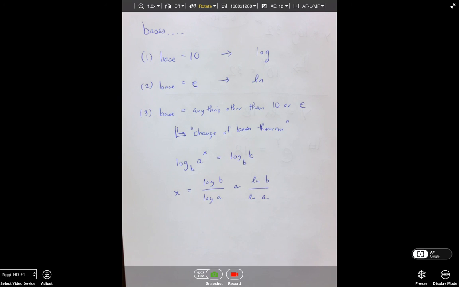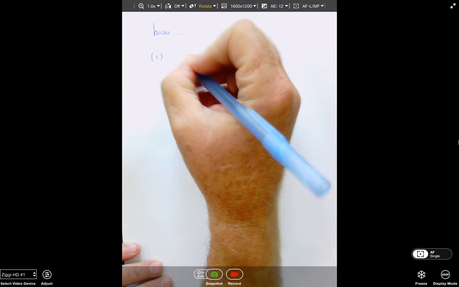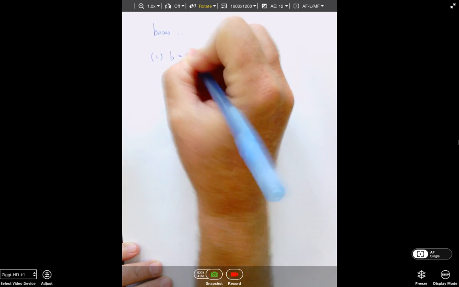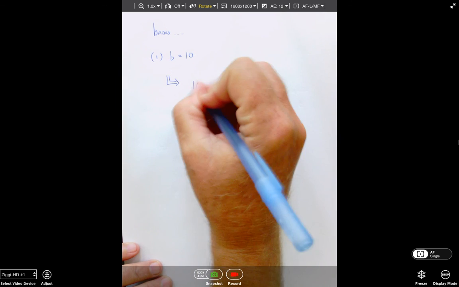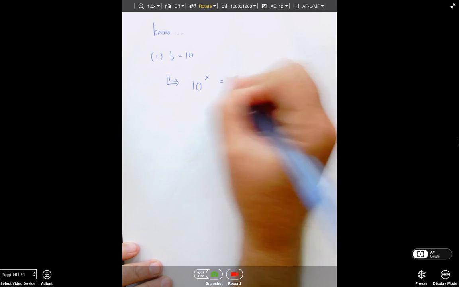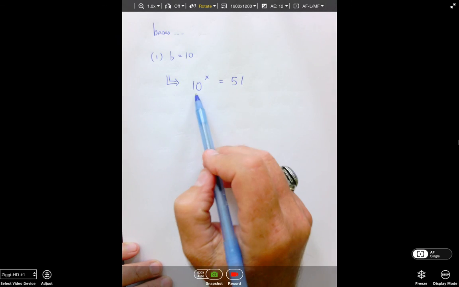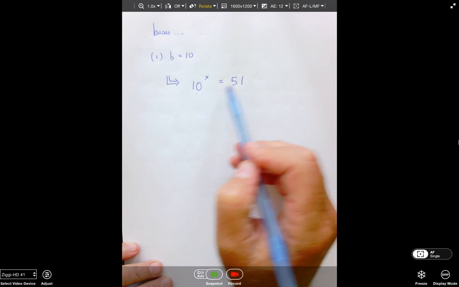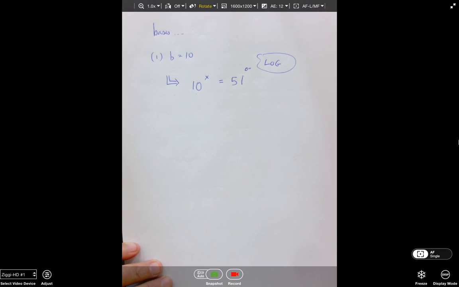Let's work some problems. Now let's keep bases. These types of problems look like this. 10 raised to the x power is 51. Base is 10. No brainer. The log key takes care of this.